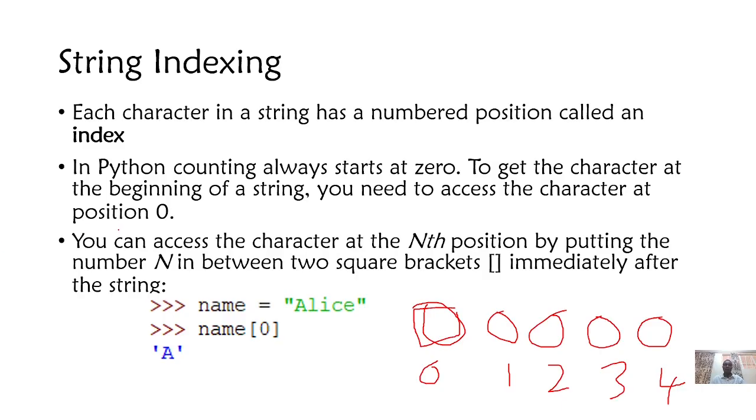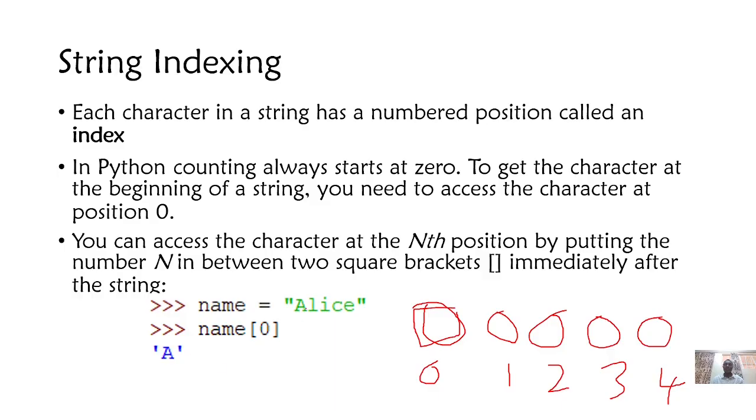Alright, so how do we print it out? Here we've got a variable name which has been assigned Alice. If you want to extract A from its position, we'll simply say name in square brackets and put a 0 here.